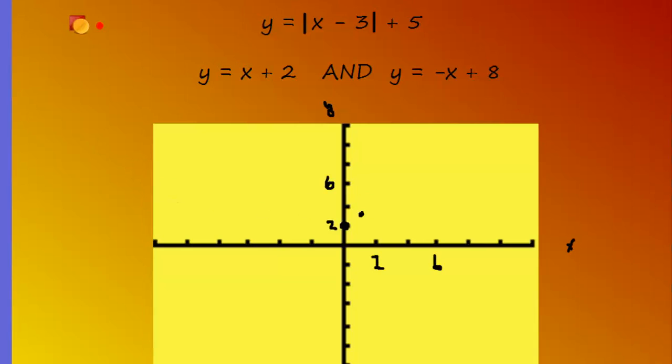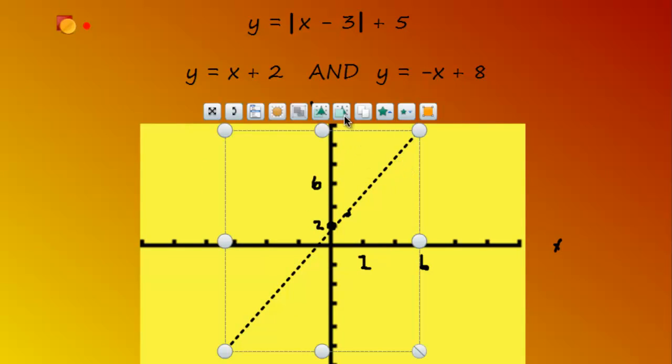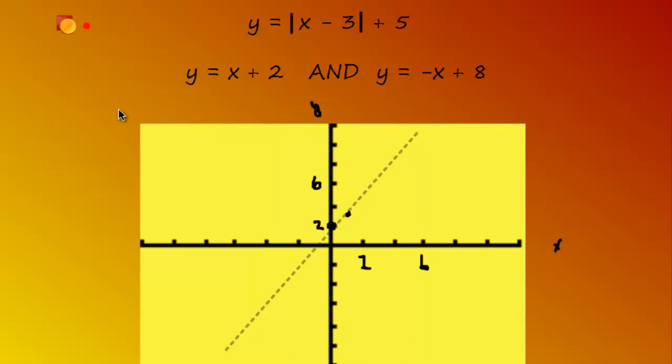Now I want to graph that with a dashed line, because only part of this line is actually going to be my absolute value function. I probably want to make that a little bit lighter. Okay, so that's one line.